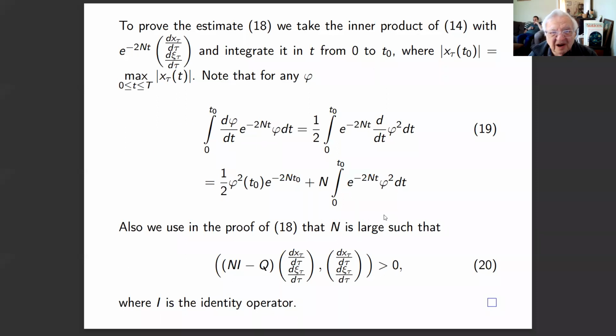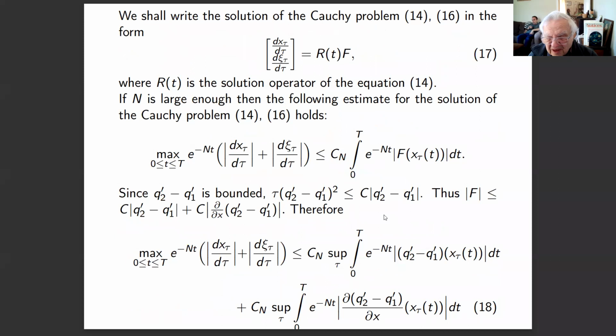I will repeat the main estimate 18: the supremum norm with weight of dx d tau is less than N1 times the L1 norm of the right-hand side, as also written in Formula 18.